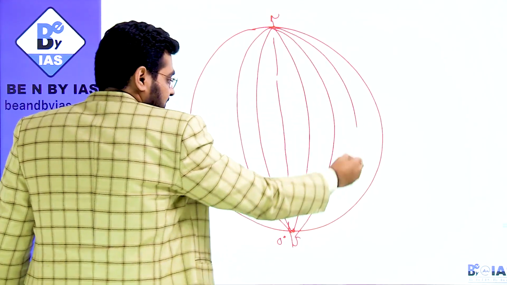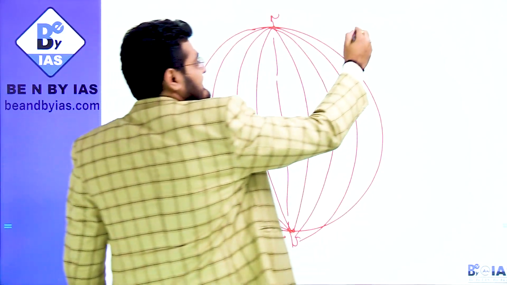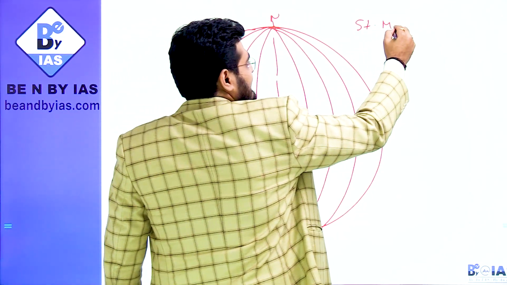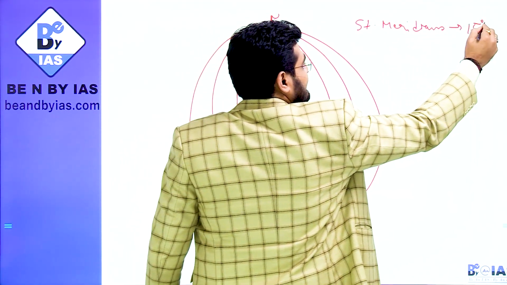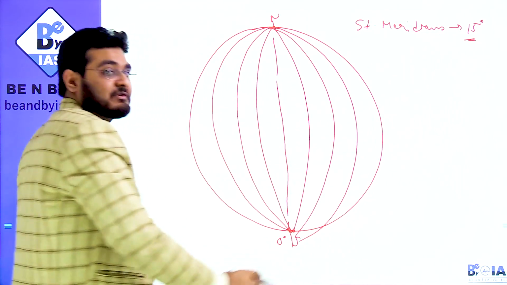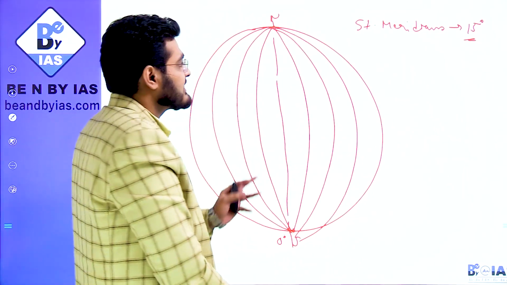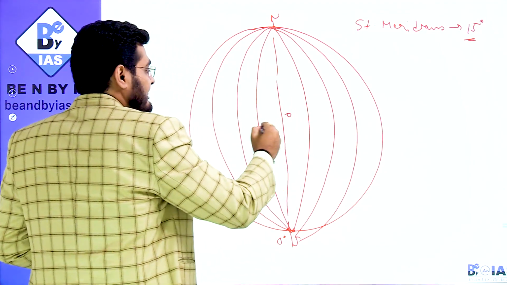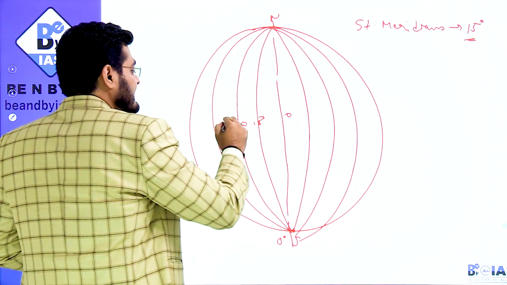If we start talking about the standard meridians, they are placed at a difference of 15 degrees. Every 15 degrees is a standard meridian. So 0 degree, then 15 degree, 30 degree, then 45 degrees, and so on.